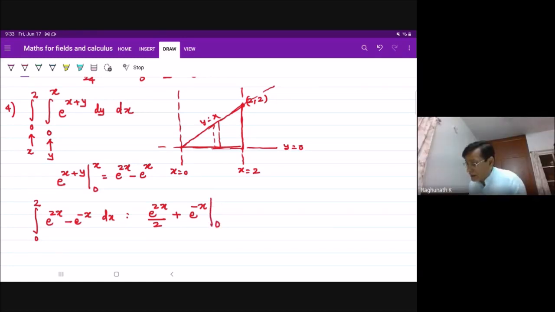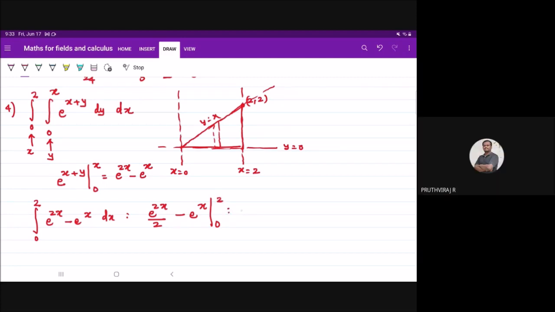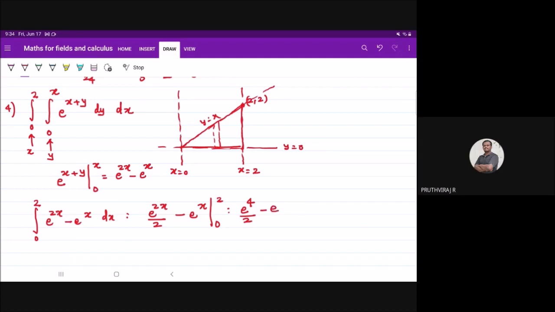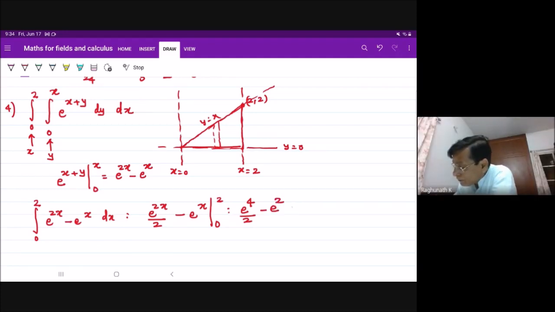Oh, e power x, minus e power x, minus e power x, 0 to 2, which is e power 4 by 2 minus e squared minus half plus 1, correct?